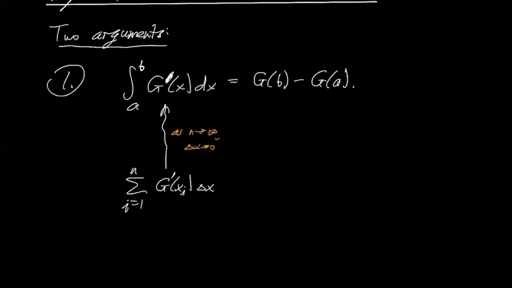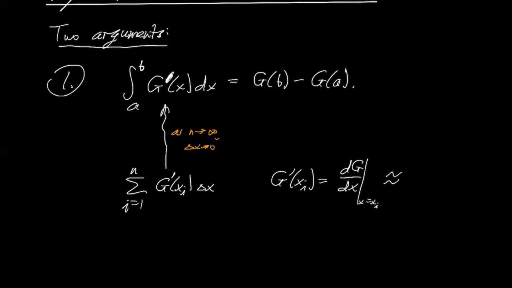I want to focus on this expression, because remember what g prime is. G prime is the derivative. G prime at x sub i is dg dx, the rate of change of g with respect to x at x equals x sub i.